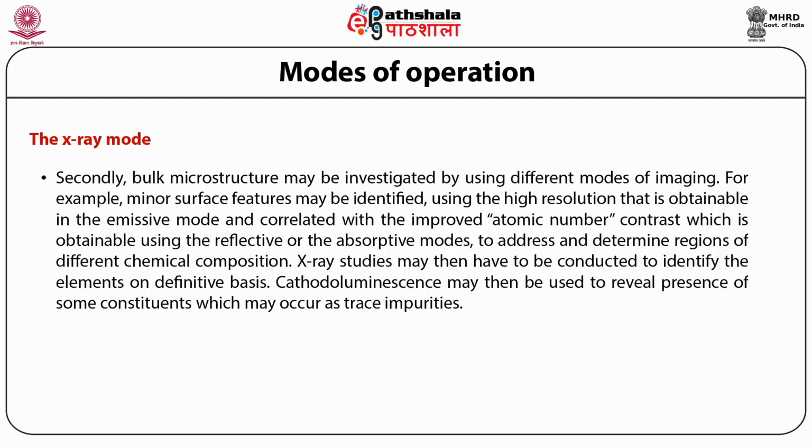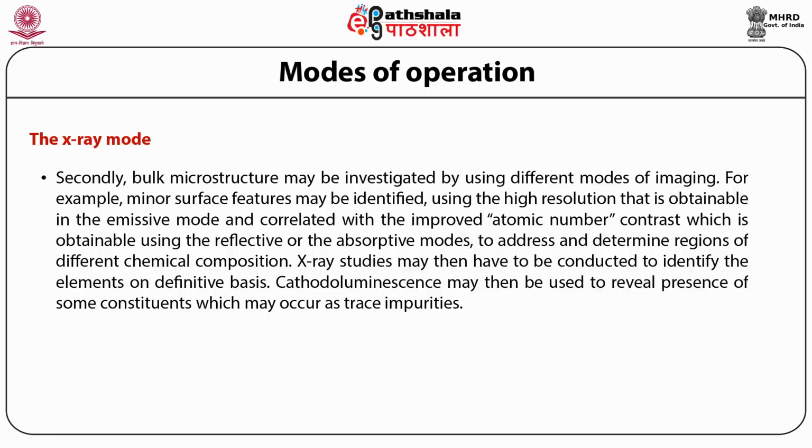For example, minor surface features may be identified using the high resolution that is obtainable in the emissive mode and correlated with the improved atomic number contrast, which is obtainable using the reflective or the absorptive modes to address and determine regions of different chemical composition.